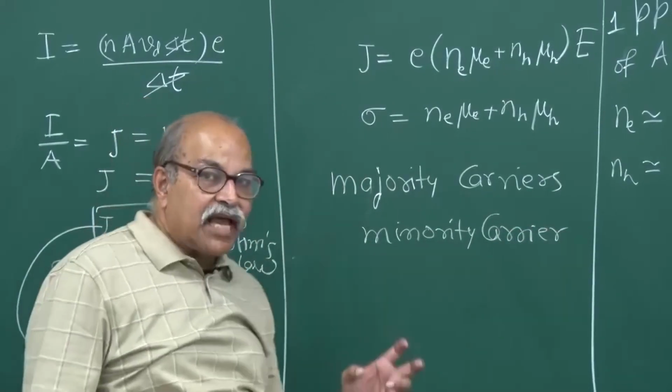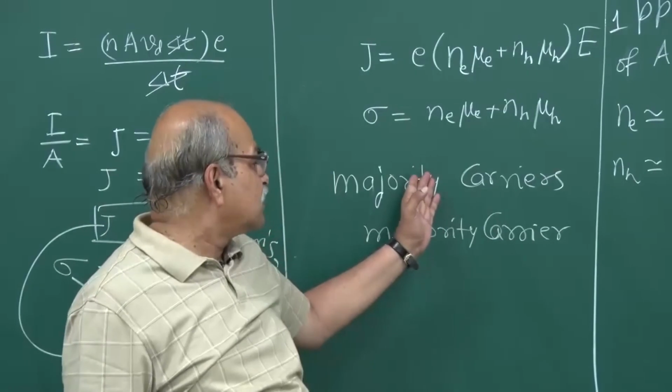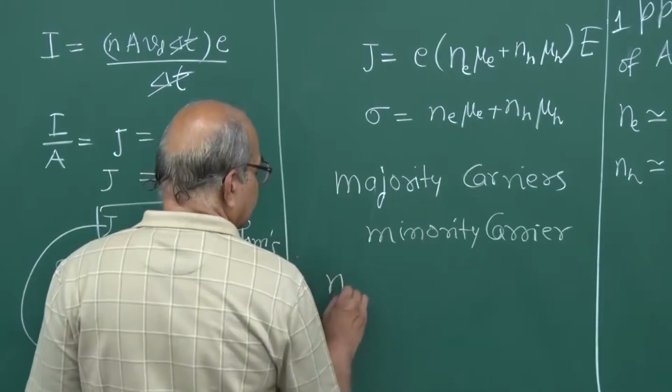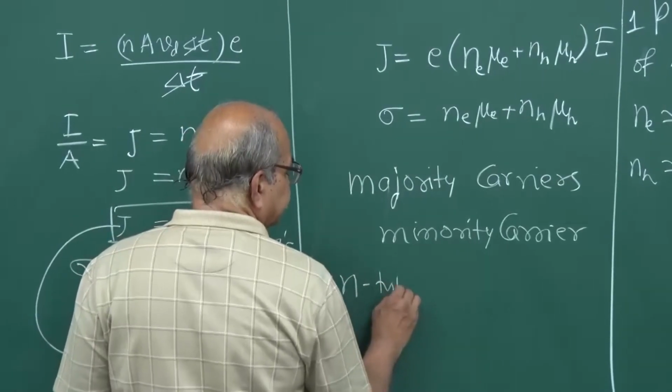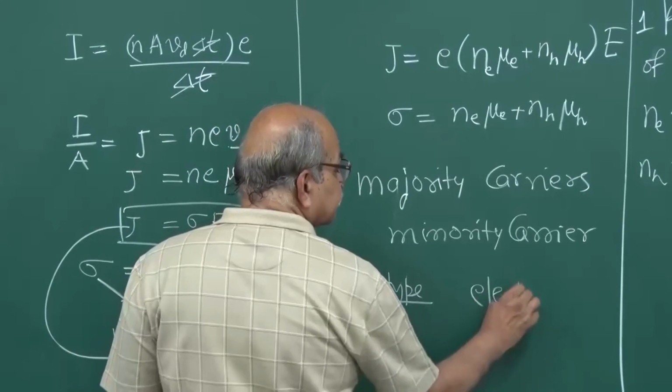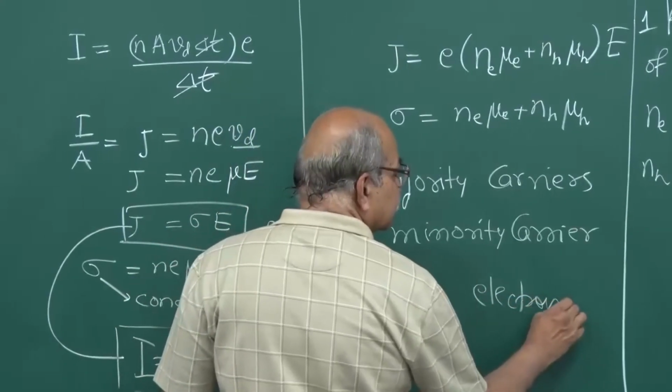In N-type semiconductor, electrons are majority carriers.